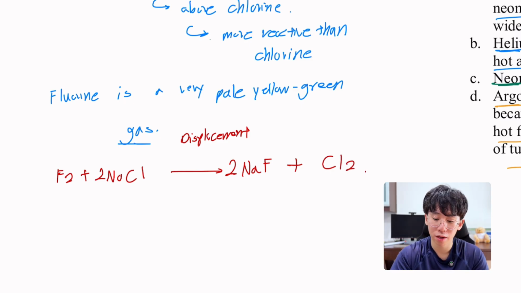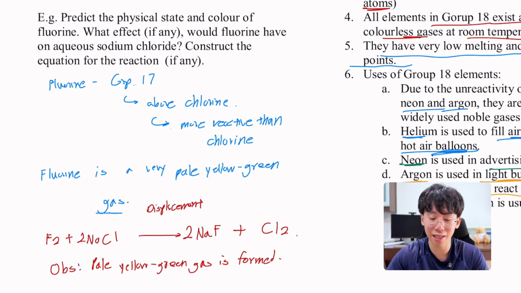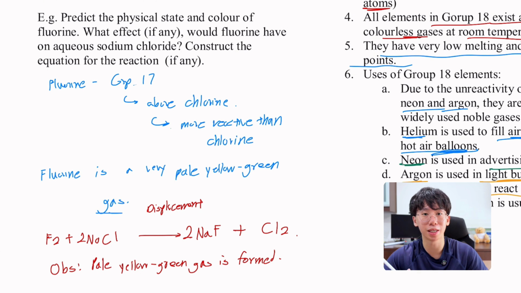So your chlorine will actually be produced. So in terms of observations for this reaction, we know that a pale yellow-green gas is formed. So that is exactly how we would answer a question like this.